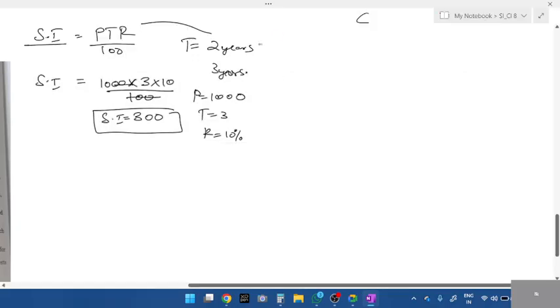This is the simple interest calculation. When it comes to compound interest, every single year you take.